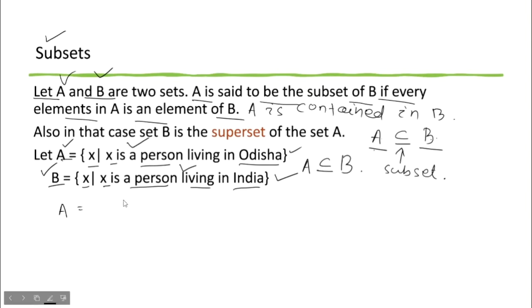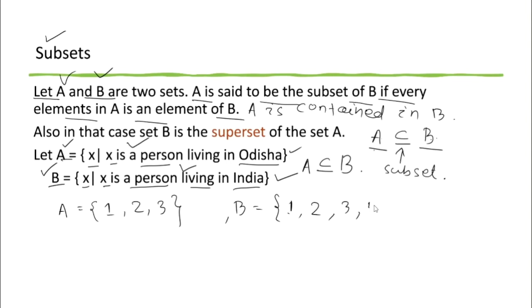Now another example. Let A be a set whose elements are 1, 2 and 3, and B be a set whose elements are 1, 2, 3 and 5. If you pick any element, let's say 1, 2 or 3, we can find it in set B also.